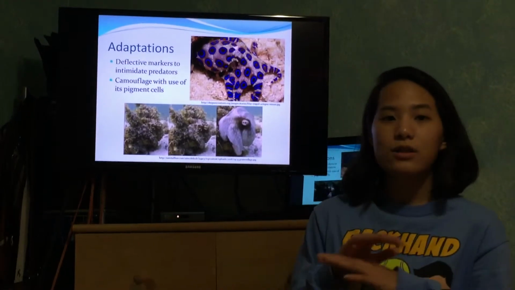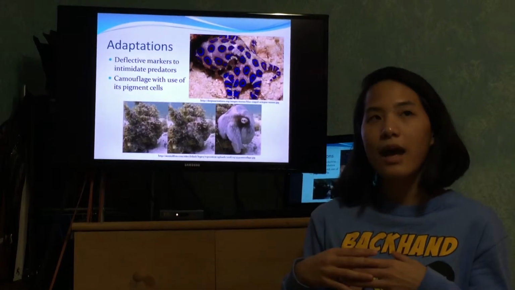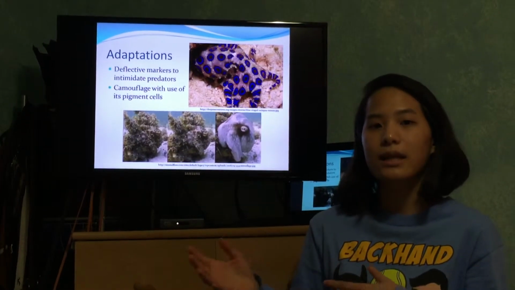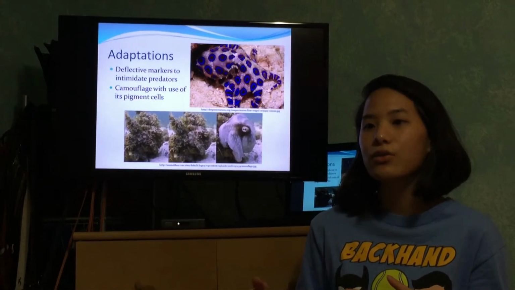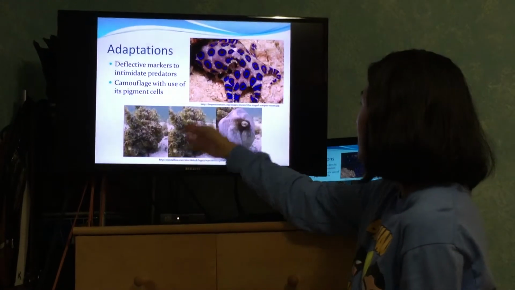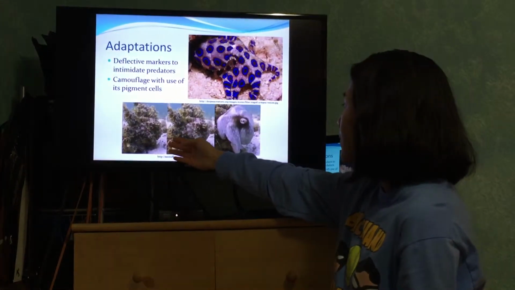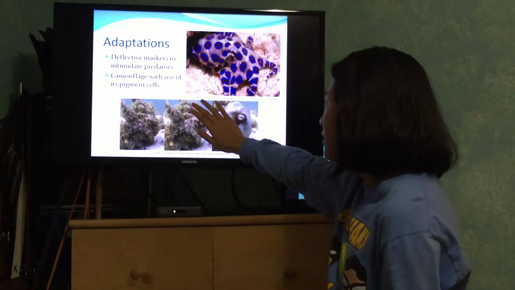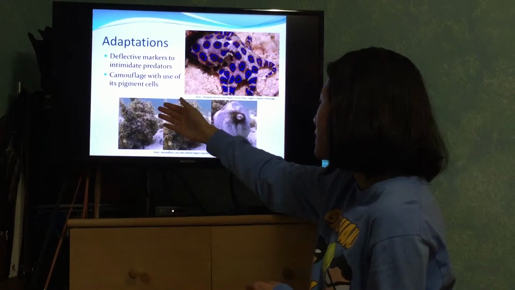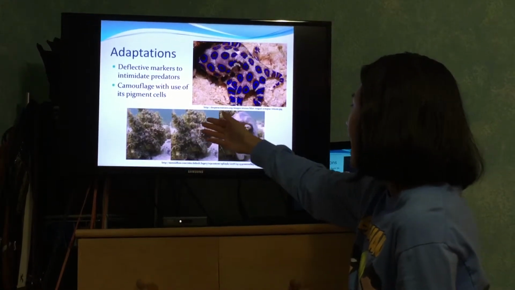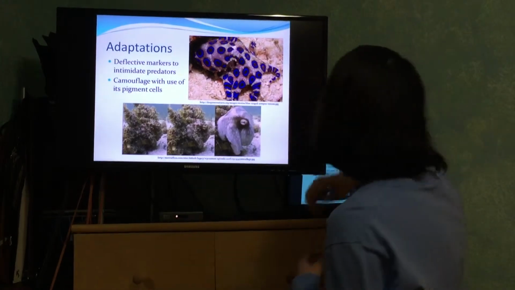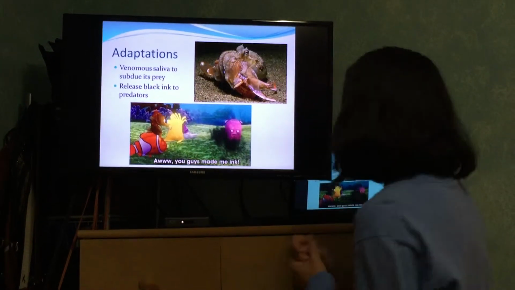Its skin is also unique because the skin has pigment cells which enable them to camouflage easily into their background in order to hide from predators. So you can see in this picture here, you could barely see anything. All you notice is a bush. And as the octopus lightens up, you could actually see where the octopus is hiding.